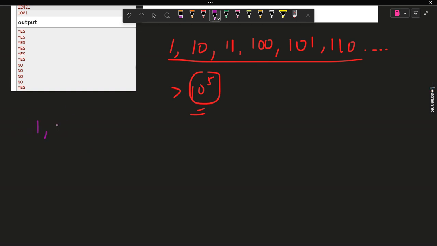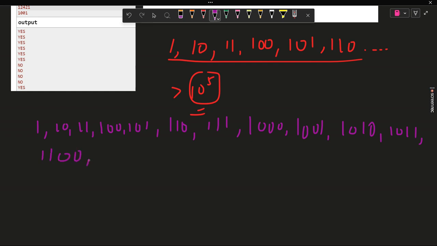These are just 1, 10, 11, 100, 101, 110. After this it will be 111, then 1000, 1001, then 1010, 1011, 1100, 1101, 1110, 1111.